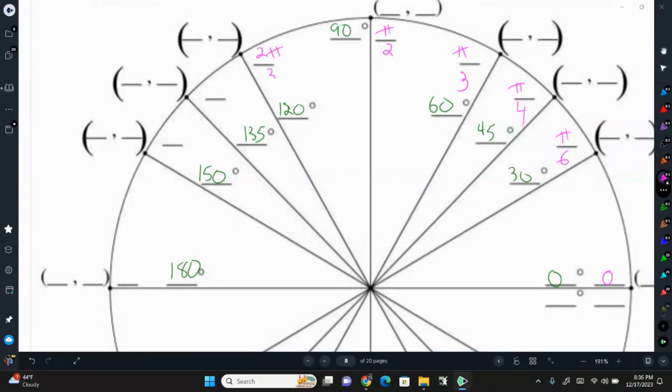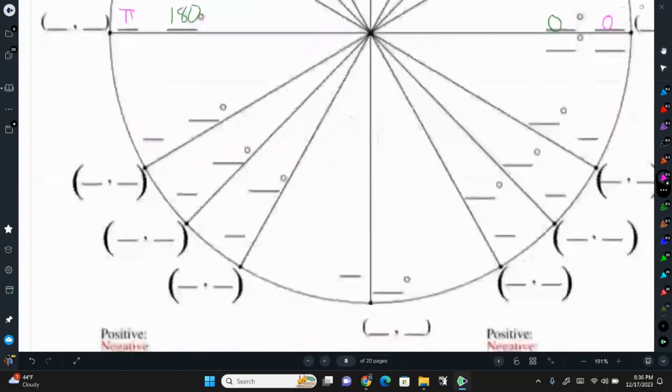And 2 pi over 3, 3 pi over 4, 5 pi over 6, and then pi, and then I'm going to go and do the other ones down here. 7 pi over 6, 5 pi over 4, 4 pi over 3, 3 pi over 2, all the way around is 2 pi, 7 pi over 4.